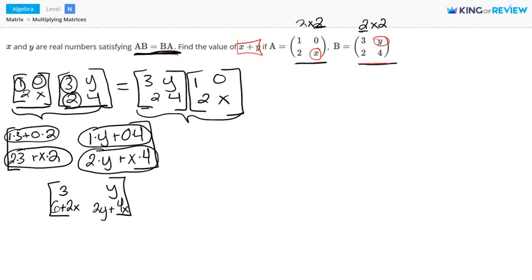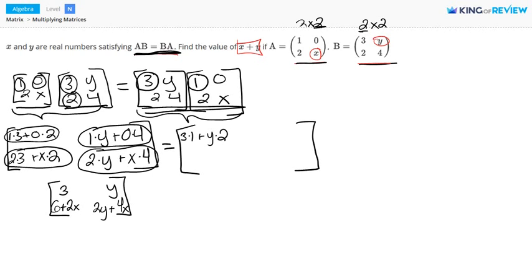Now let's deal with the second product. Again, we multiply the corresponding entries in the first row of the first matrix and the first column of the second matrix, and then add the two products together. So here we have 3 times 1 plus y times 2.